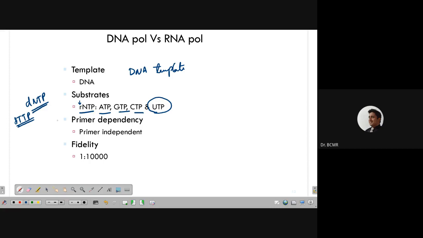When we were learning about DNA polymerase, we learned that DNA polymerase cannot initiate replication by itself. It needs a 3' OH. For that, during replication, we have an RNA primer synthesized by an enzyme called primase.